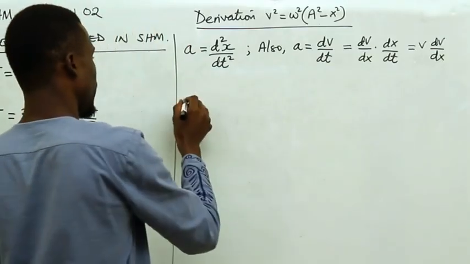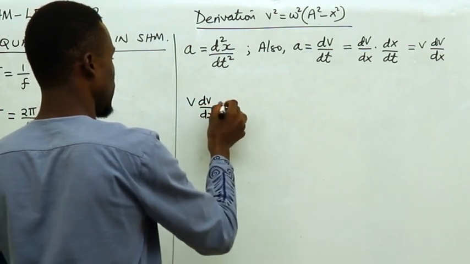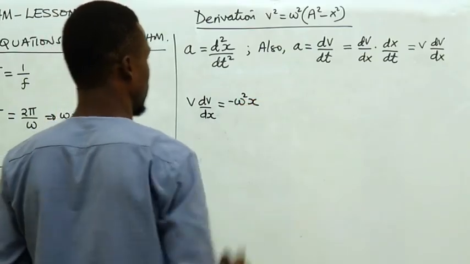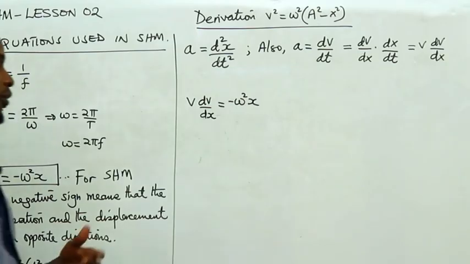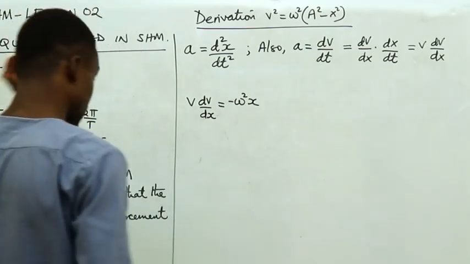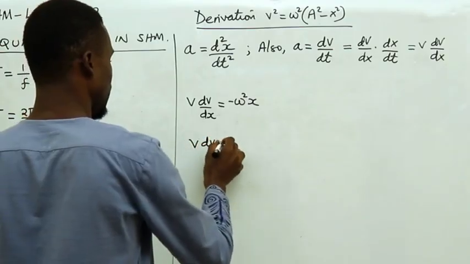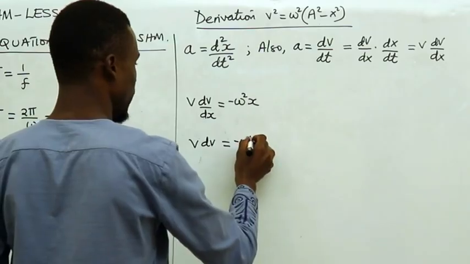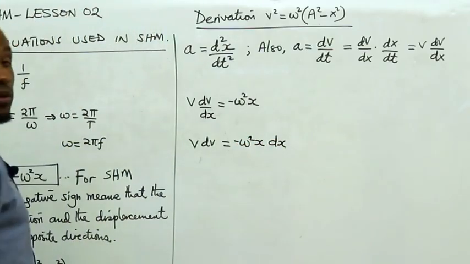So we can say v dv dx is equal to negative omega squared x. Now, of course, this is very easy. You can write v dv is equal to negative omega squared x dx, separating the variables.